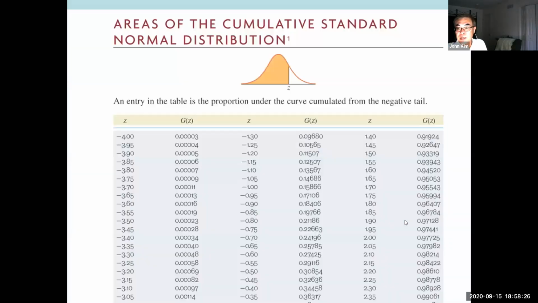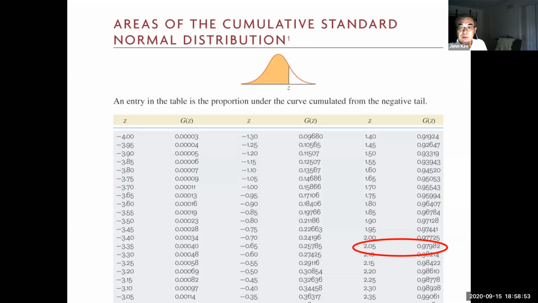So 98% is between 0.97982 and 0.98214. The nearest or closest to 0.98 is this one, 0.979. So the z-score is 2.05.